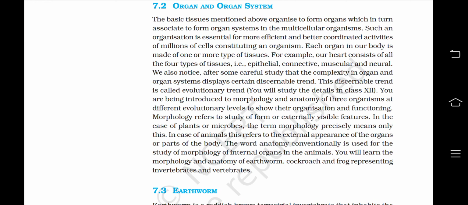Morphology refers to the study of form or externally visible features. In the case of plants or microbes, the term morphology precisely means only this. In the case of animals, this refers to the external appearance of the organs or parts of the body. The word anatomy conventionally is used for the study of morphology of internal organs in the animals. You will learn the morphology and anatomy of earthworm, cockroach and frog representing invertebrates and vertebrates.